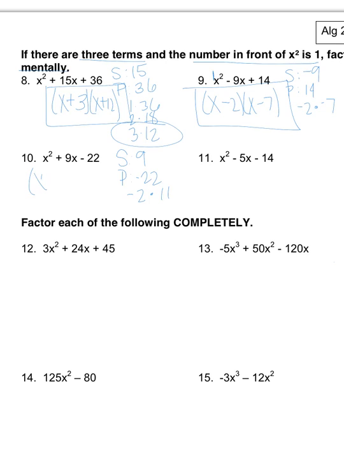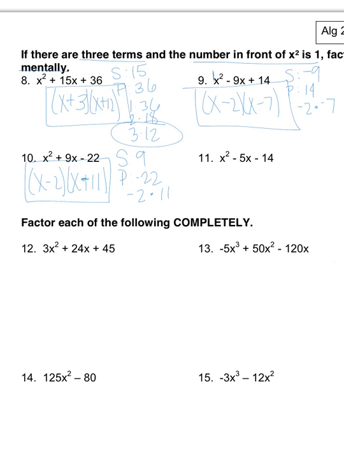So we would have x minus 2, x plus 11. Now, if your sum was a negative 9, then you would have to change those signs. It would be a positive 2 and a negative 11. So make sure the sign does matter. So make sure you put the correct sign with the correct number.